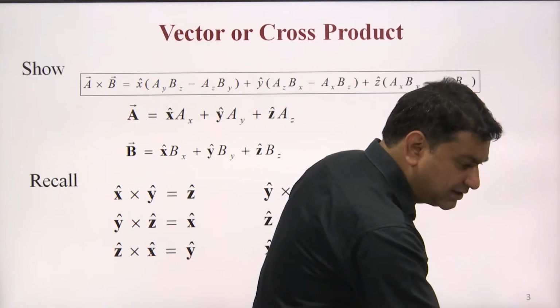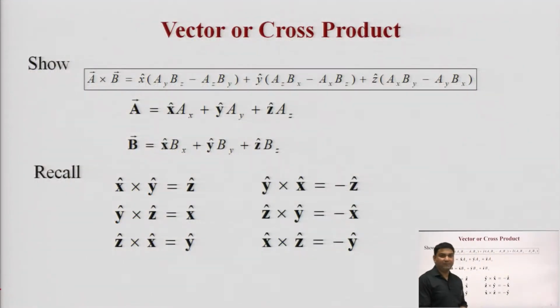The next slide denotes the other factors behind the cross product. What does it say? When we say that A cross B is equal to x (Ay Bz minus Az By) plus y (Az Bx minus Ax Bz) plus z (Ax By minus Ay Bx).